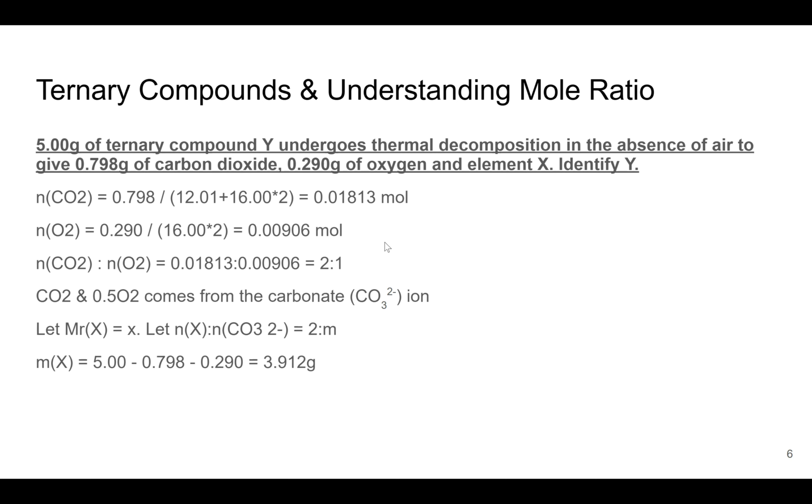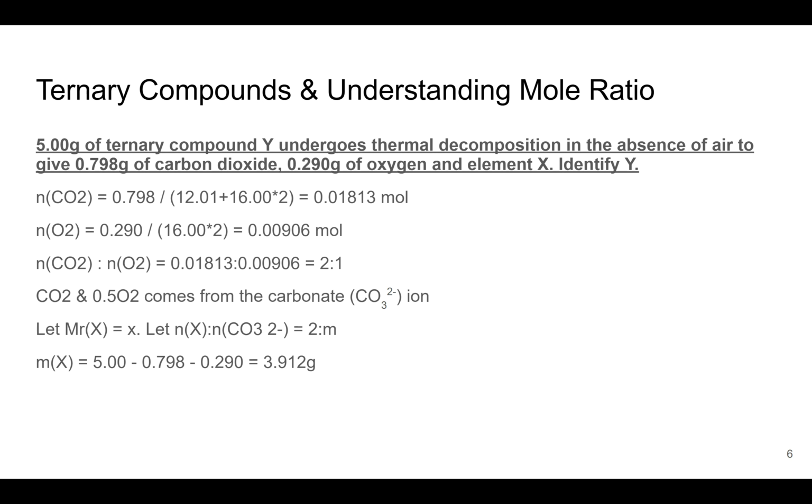And so again, because of the conservation of mass, we can find the mass of element X produced in this decomposition. You start out with 5 grams of compound Y, and you will end up with 5 grams of products in total.